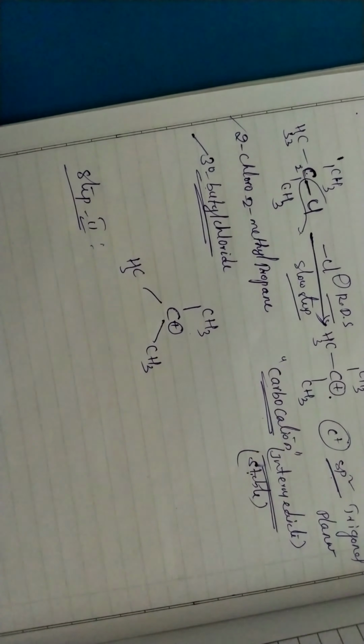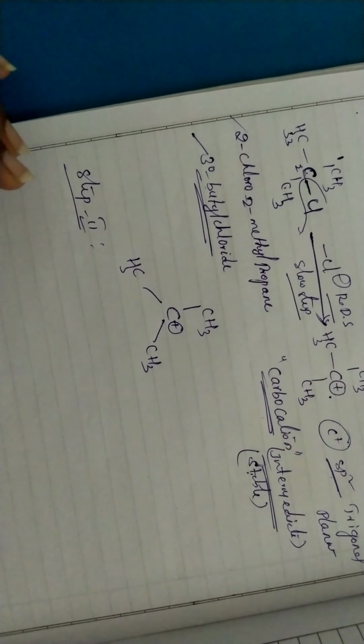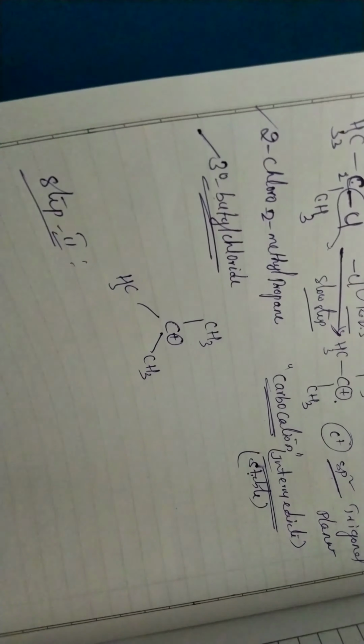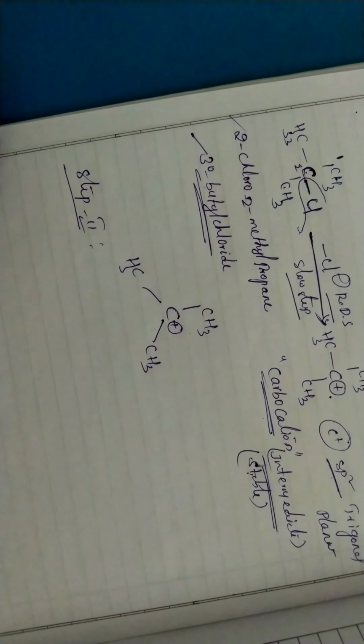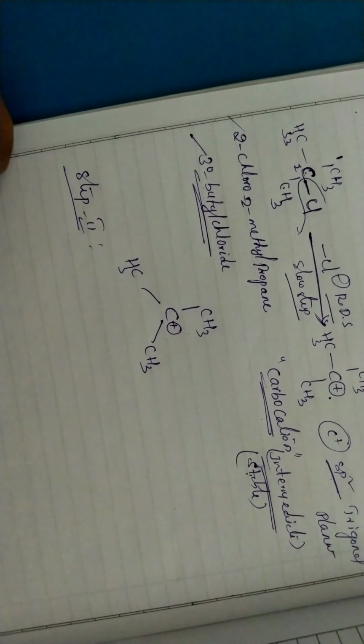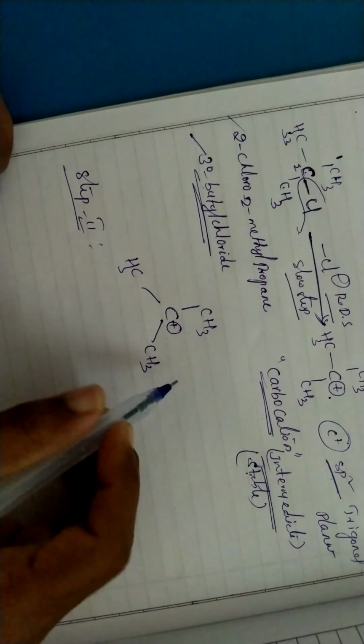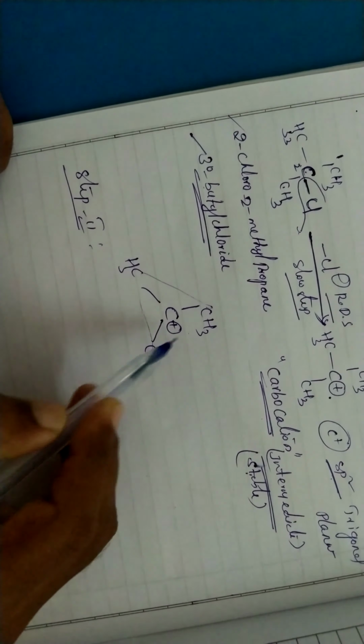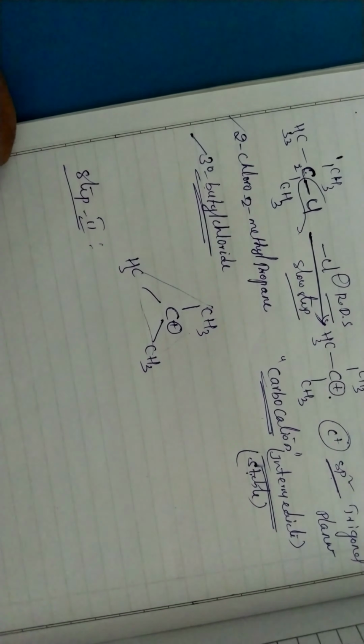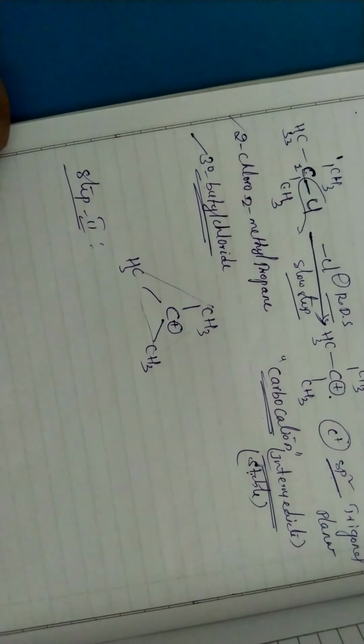Next, in the second step, the new nucleophile will come and attack the carbon. One chlorine, the old nucleophile, is going out, so in its place the new nucleophile should come and attack the carbon. But if you observe, it is a planar structure, a trigonal planar. Planar means, if you take the example of this textbook, it is in the plane.